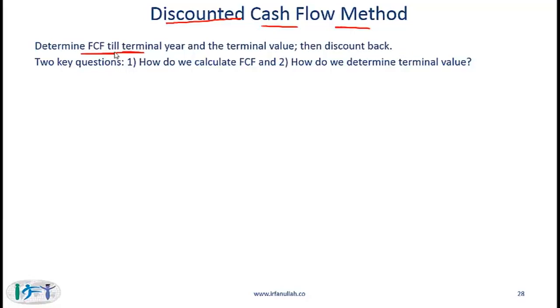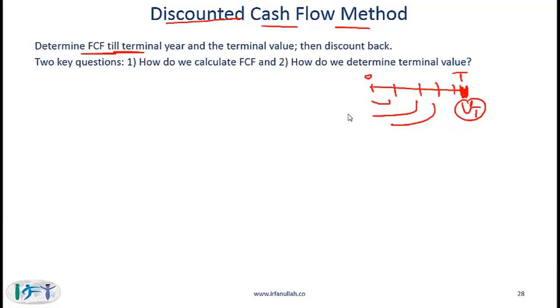And we are going to come up with free cash flows up till a certain terminal year. So if this is time 0, this is some terminal year. So the free cash flow every year till the terminal year. Then we will come up with a valuation at the terminal year and discount back. So discount back all these free cash flows and discount this terminal value.